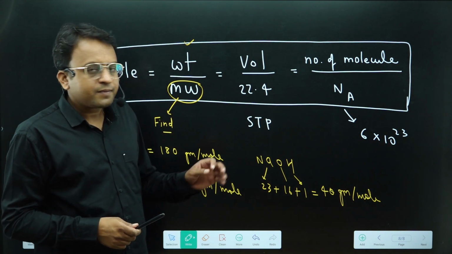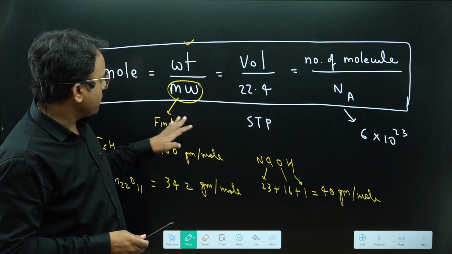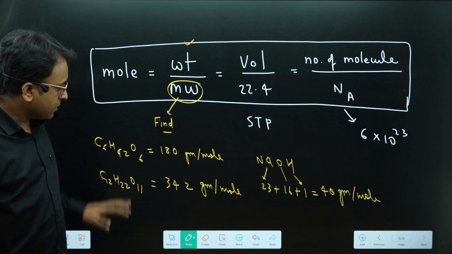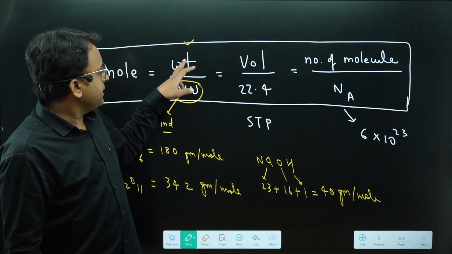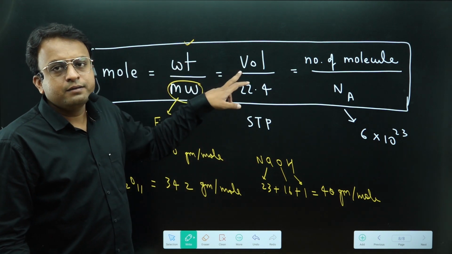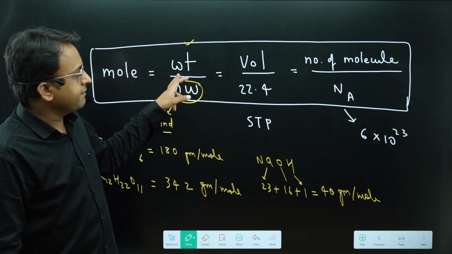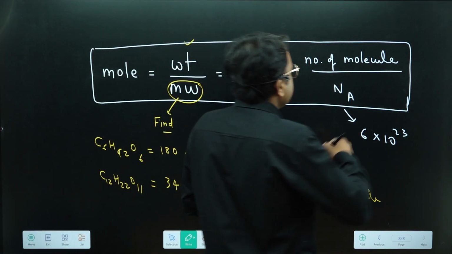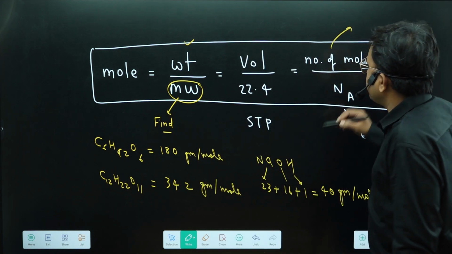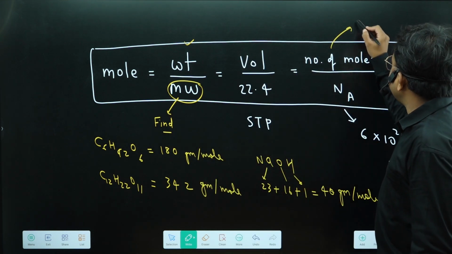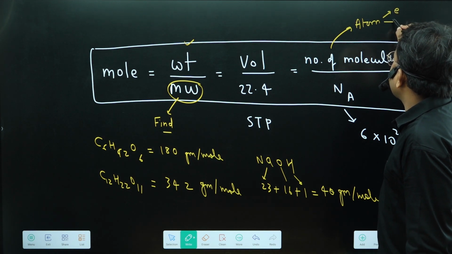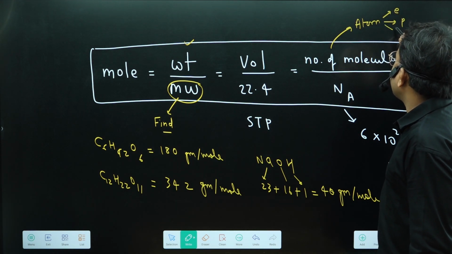For example, if weight is given, molecular weight can be found by this technique. If weight is given, you have to find volume. If weight is given, it can ask for molecule. If you find molecule, then you can also find atom or further smaller particles: electron, proton, neutron.